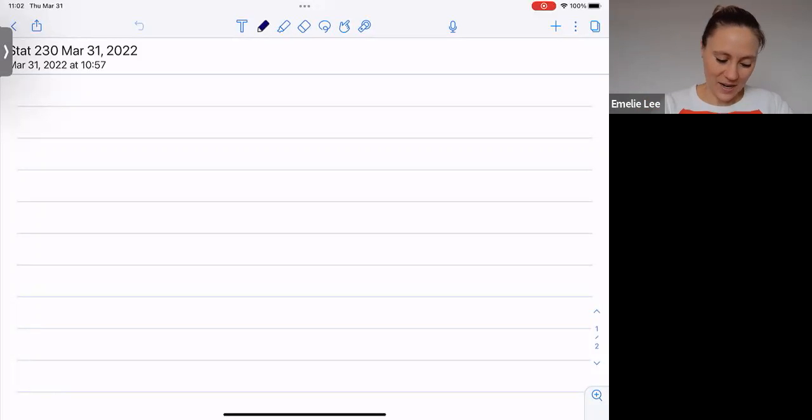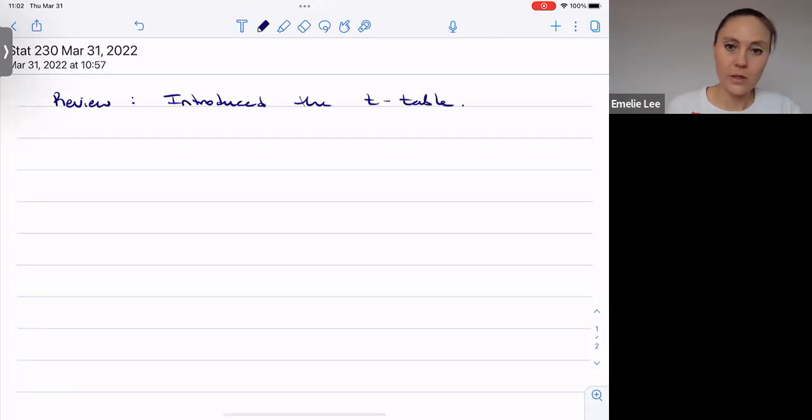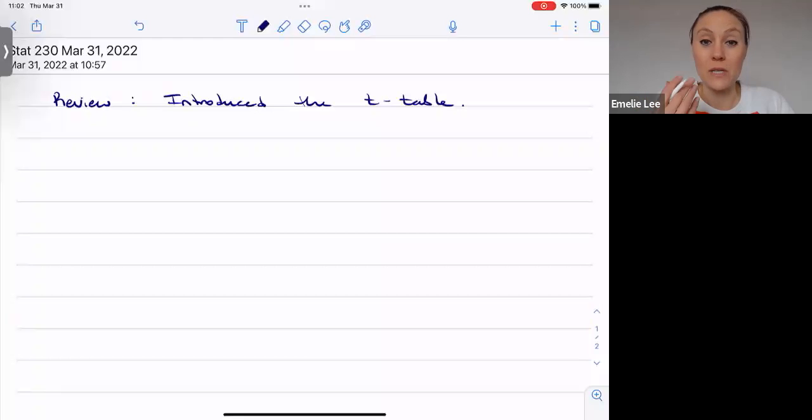And so let's do a little bit of review. We introduced the t-table. And we also said that for one sample mean, so if I have one sample and it's a means question, which means that I'm analyzing numerical data, because then I can talk about the mean or the average.